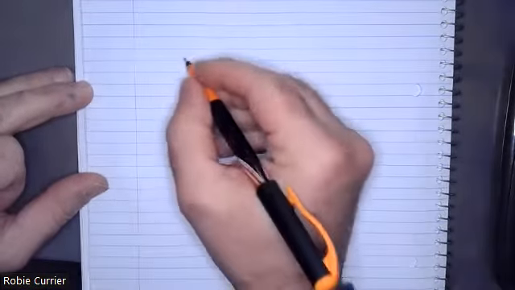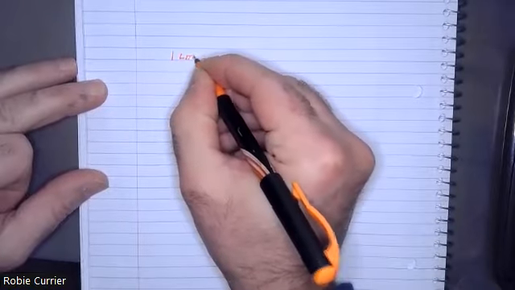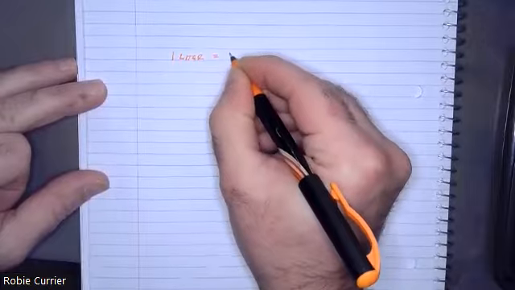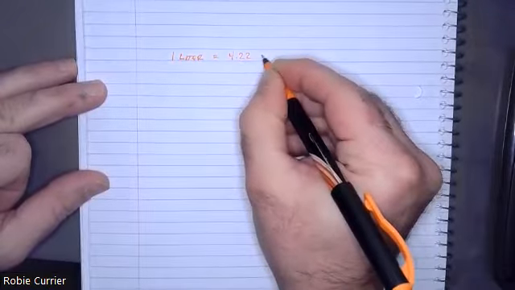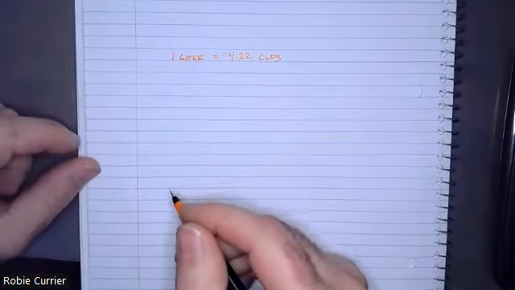So in order to do a conversion of any quantity to another type of quantity, you first need to know how the two quantities relate. So let's start with liters and cups. 1 liter is equal to 4.22 cups.